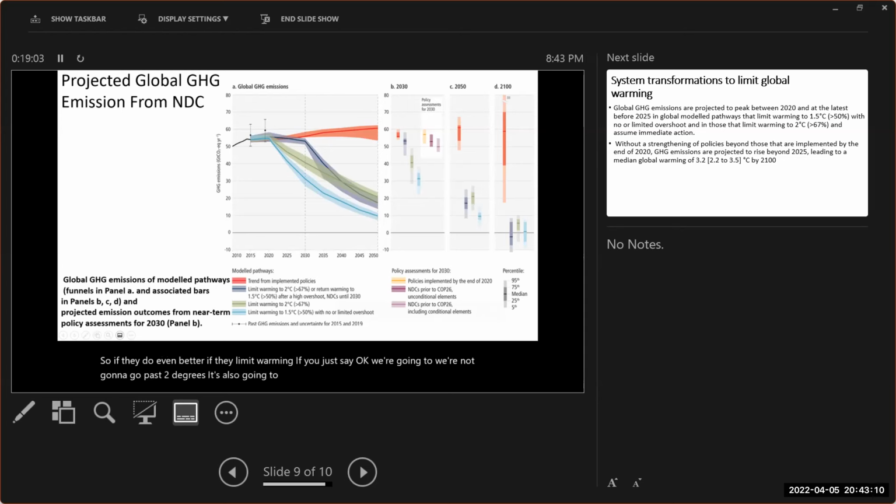And if they do even better and limit warming to 1.5 degrees, it's going to be a lot better. So the whole idea is the whole world should wake up and be more serious about these mitigation factors. It looks like they're not doing enough. They should do more. If they don't do more, this is where we're going to be. That upward moving curve here, that's where the whole world is going to be by 2030.